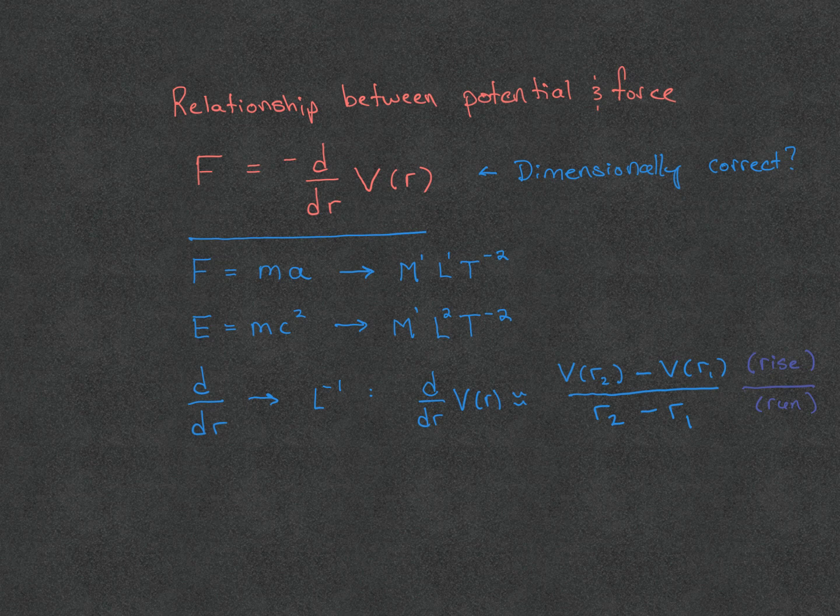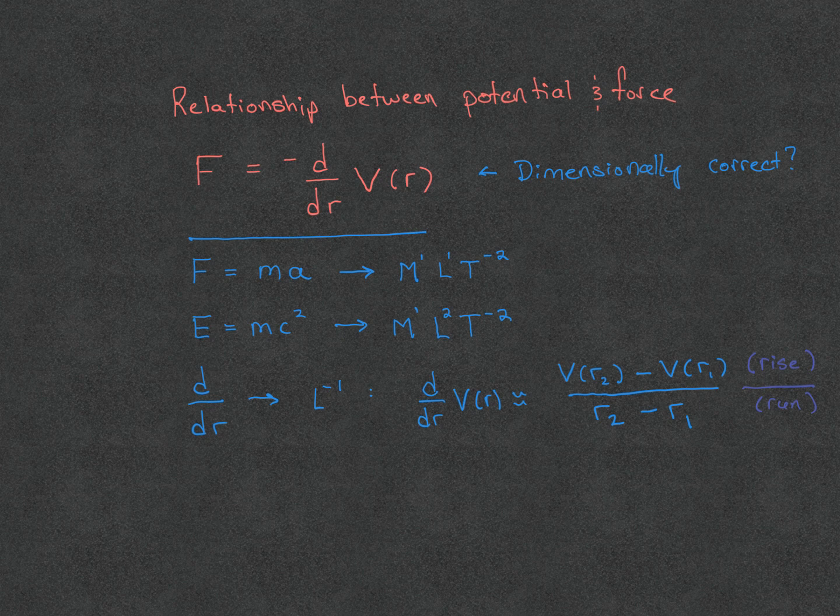So rise over run. And remember what we're doing here in the numerator: we're subtracting an energy from an energy, so that doesn't change the dimensions of the numerator. And in the denominator, we're subtracting a position from a position, or a length from a length, so that doesn't change the dimensionality of the denominator. So overall, I've got energy divided by length, okay?